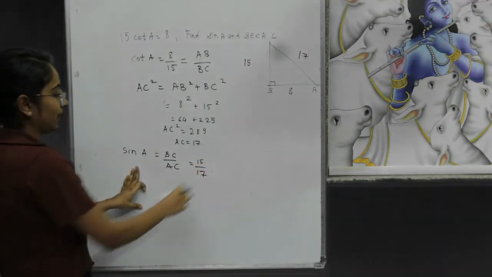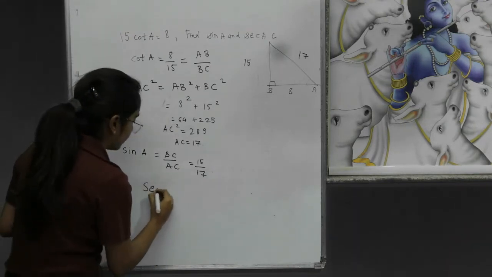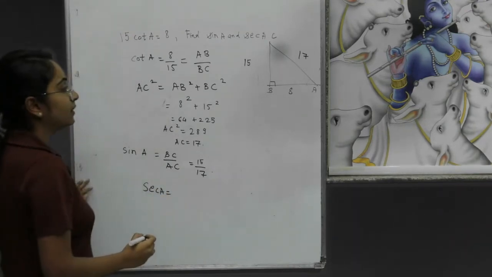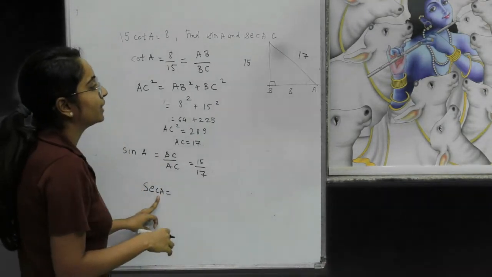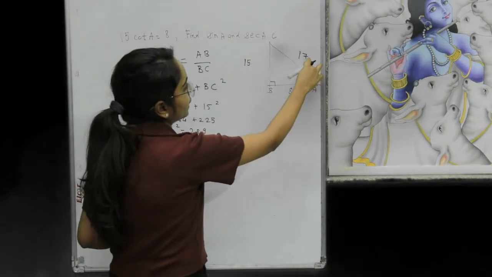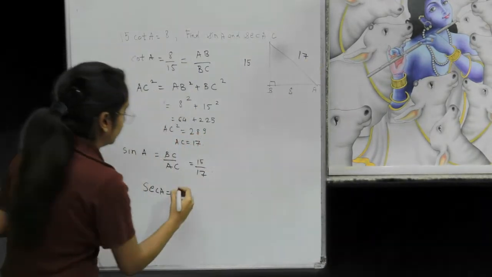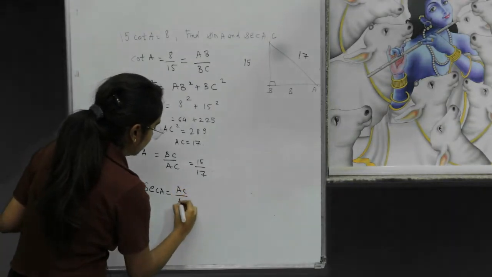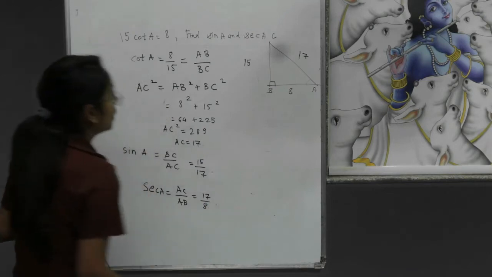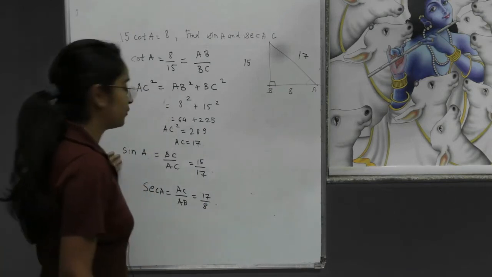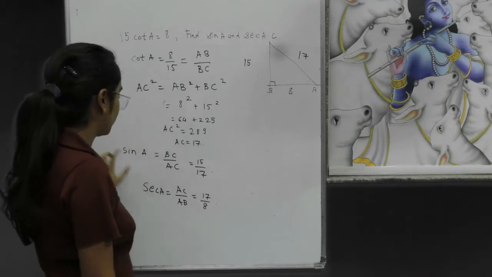Next we have to find the value of sec A. The formula for sec A is hypotenuse AC upon adjacent AB. AC upon AB comes to be 17 upon 8. Now we have both the values of sin A and sec A.